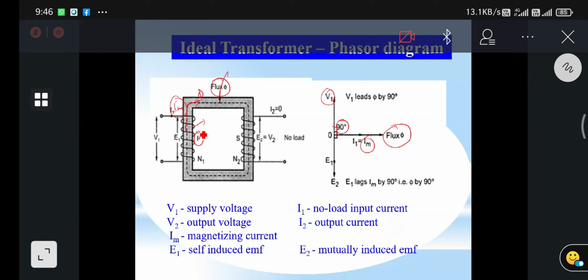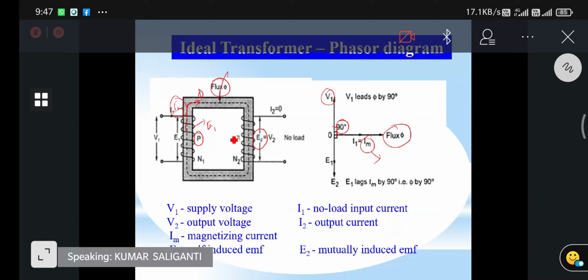When this flux links with the primary, an EMF is induced, that is the self-induced EMF. When this flux links with the secondary, another EMF is induced on the secondary side, that is E2. Hence it is called the magnetizing current. So the flux links with the primary as well as the secondary windings.